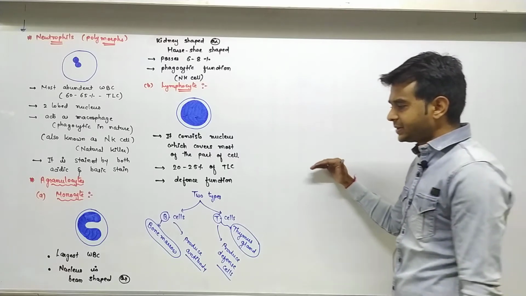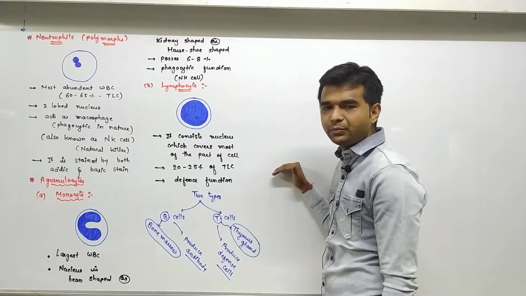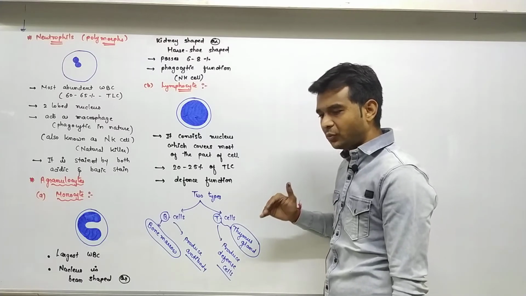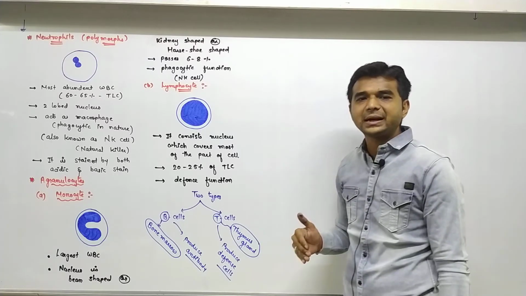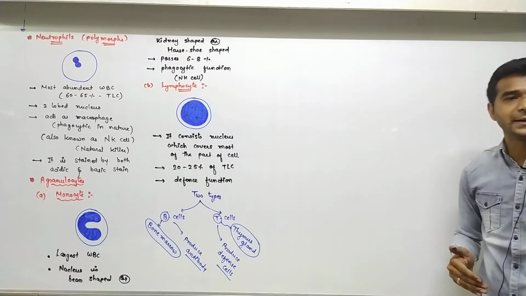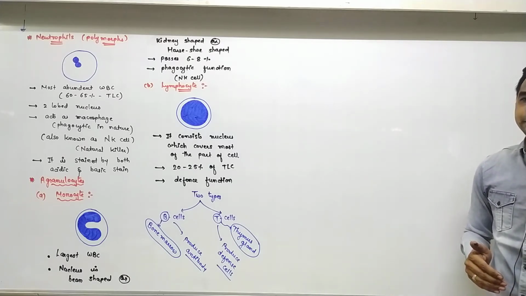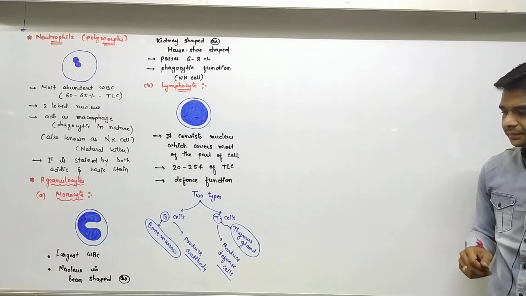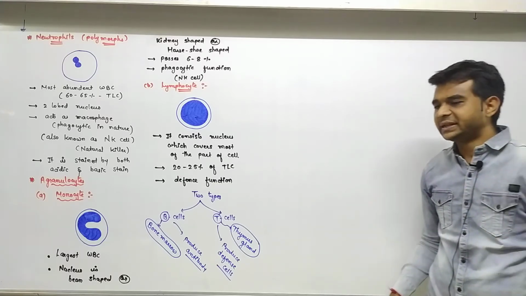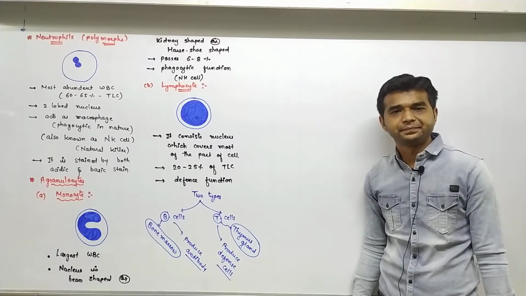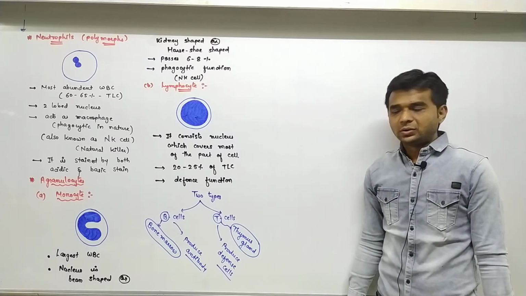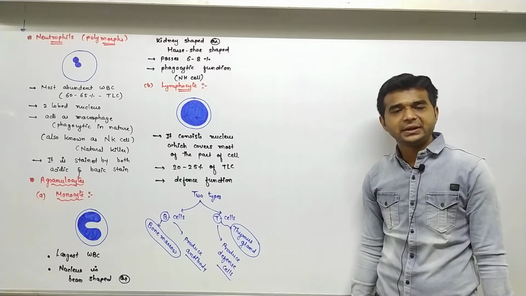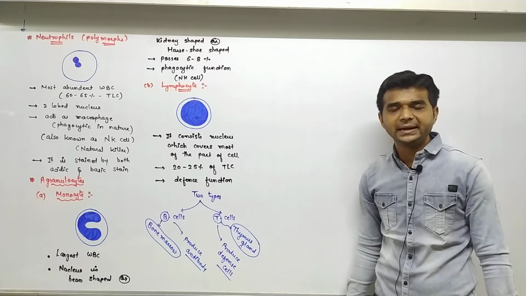So the lymphocytes are produced in bone marrow, and those that mature at that site are known as B lymphocytes. B lymphocytes produce antibodies. This antibody is nothing but immunoglobulin. So by production of the antibody against the particular substance, it gives a defense mechanism in our body.